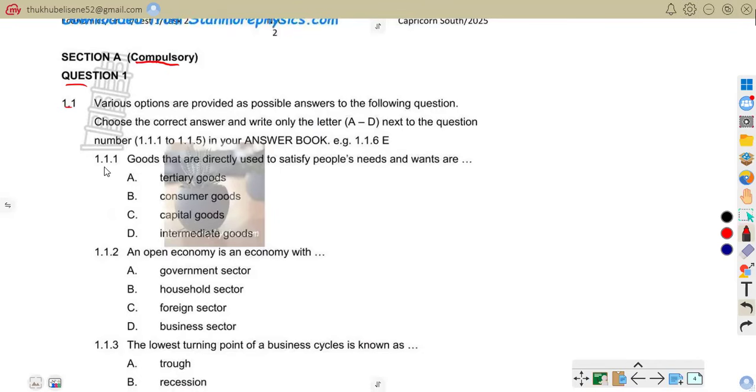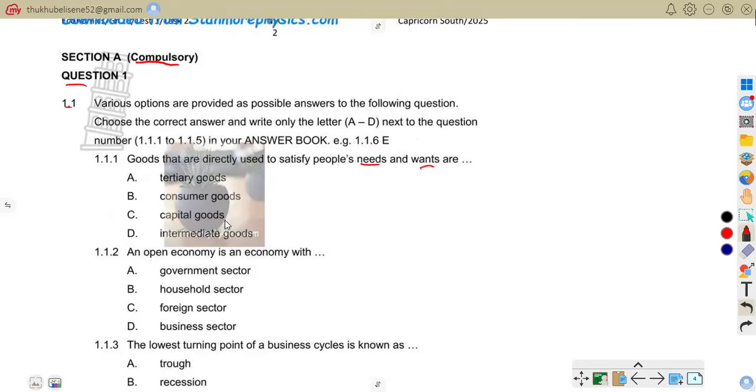Now let us start with 1.1.1. It says goods that are directly used to satisfy people's needs and wants are. We are given 4 options and we have to choose the best answer. A is tertiary goods, B consumer goods, C capital goods, D intermediate goods.